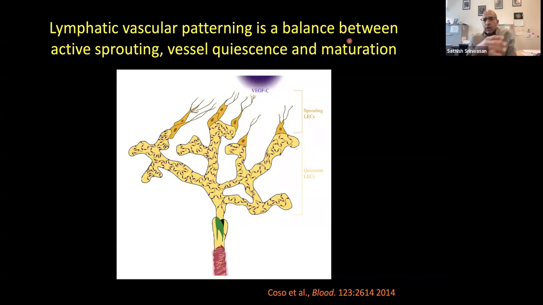Okay. So now to the basic biology, right? So when the lymphatic vessels are growing, this VEGF-C signaling, the ligand that associates with VEGFR3, is the most important lymphangiogenic cue. So the lymphatic endothelial cells are migrating towards the source of VEGF-C. At least this is the predicted model.